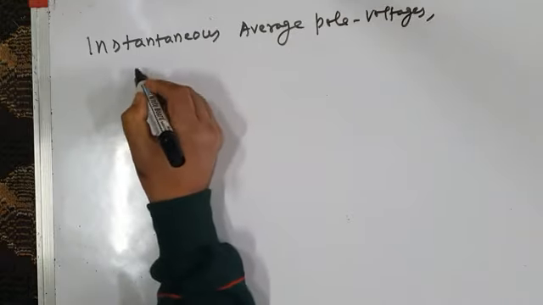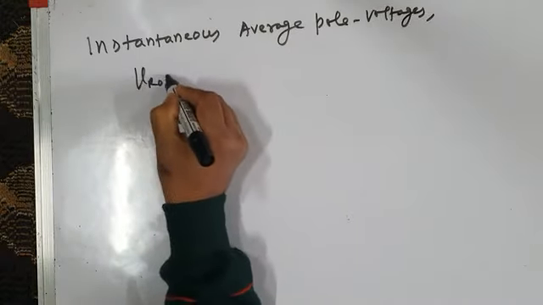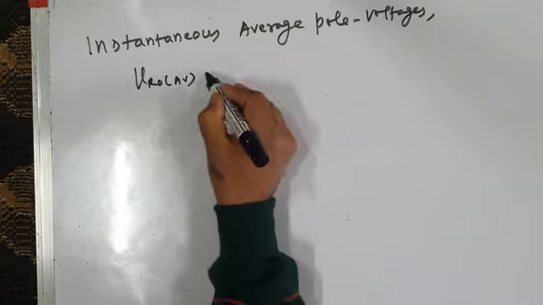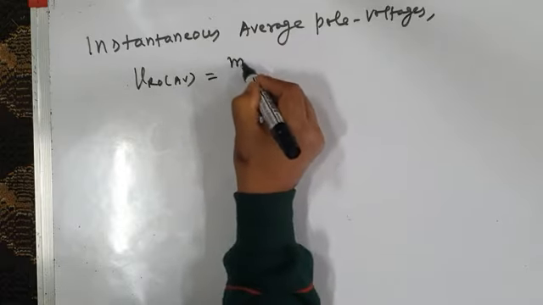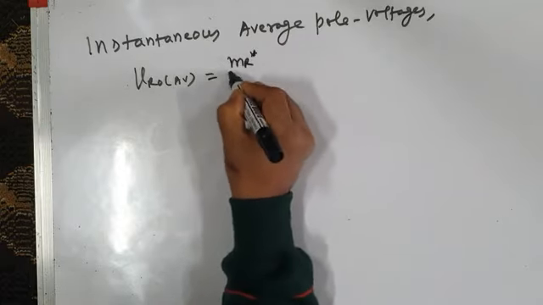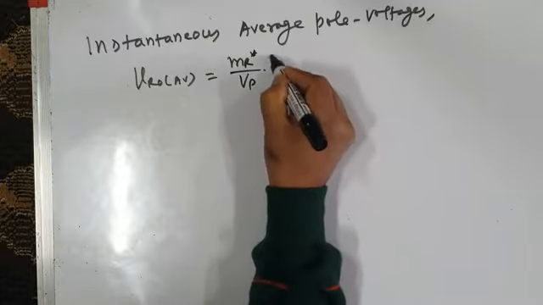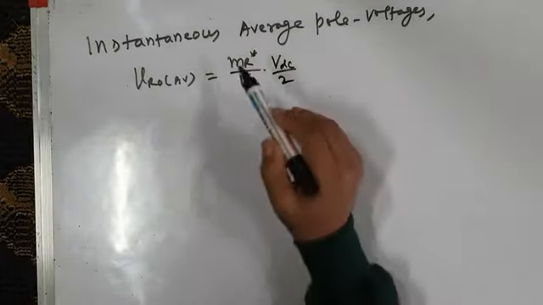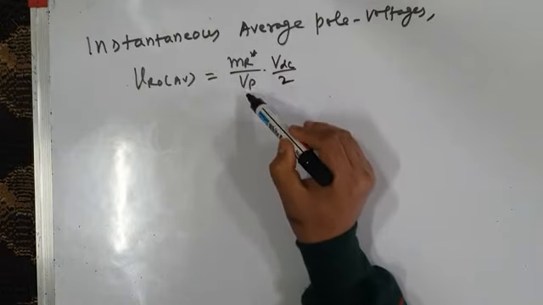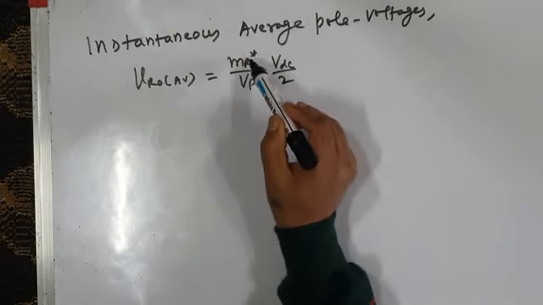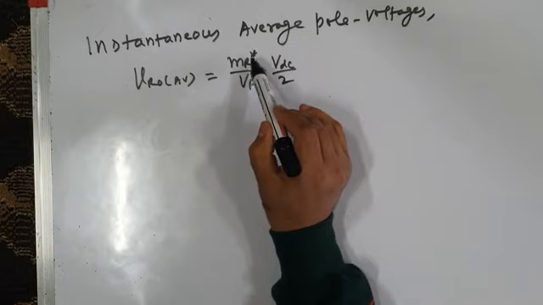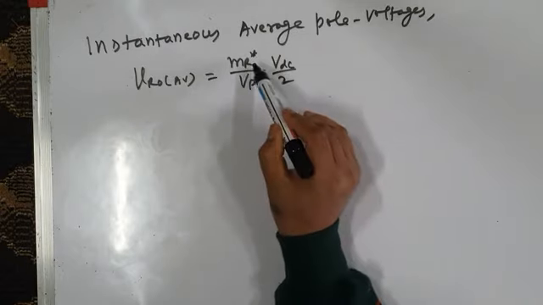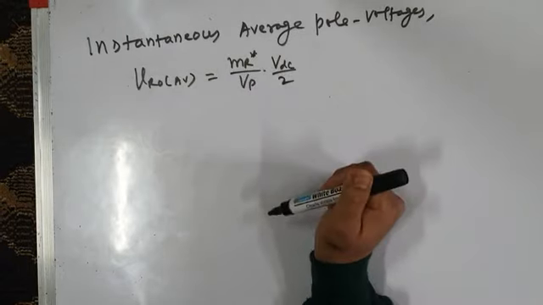So my first pole voltage is VRO average, the instantaneous average pole voltage. It will now be Mr star by Vp into VDC by 2. When our modulating signal was sinusoidal, I had written Mr by Vp into VDC by 2. Now it has got modified from Mr to Mr star. So therefore VRO average will be Mr star by Vp into VDC by 2.